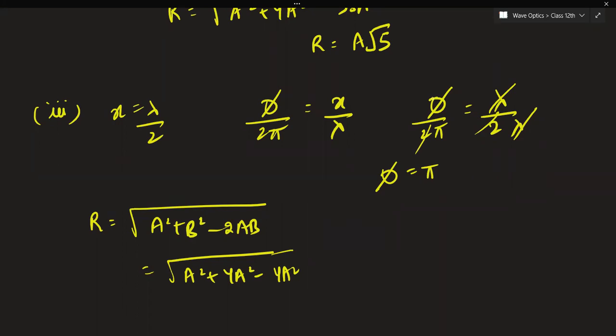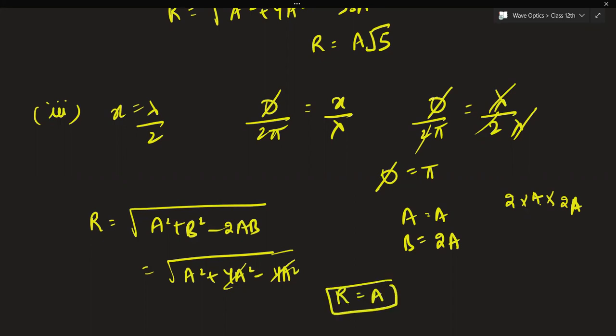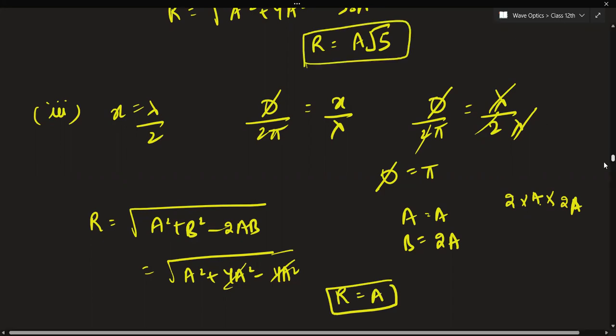A squared is A squared, B is 2A so 4A squared, then minus 2A into B, that is 4A squared. So 4A squared cancels, and R is equal to A. This is the answer. Here the answer was A root 5, and here the answer is A.